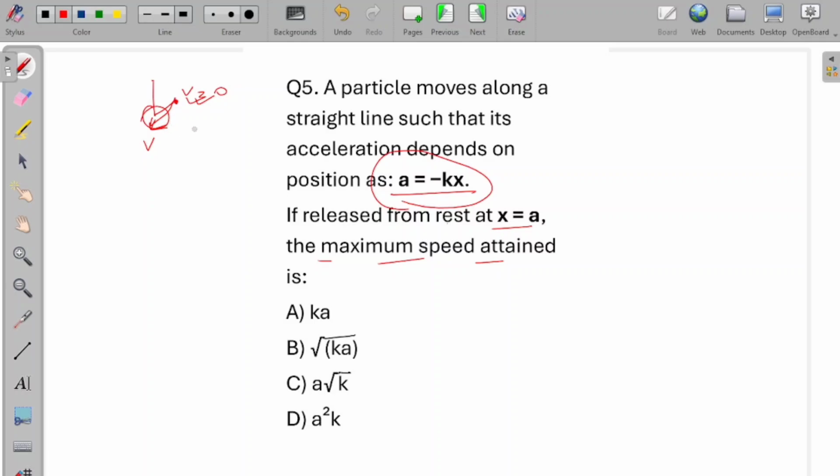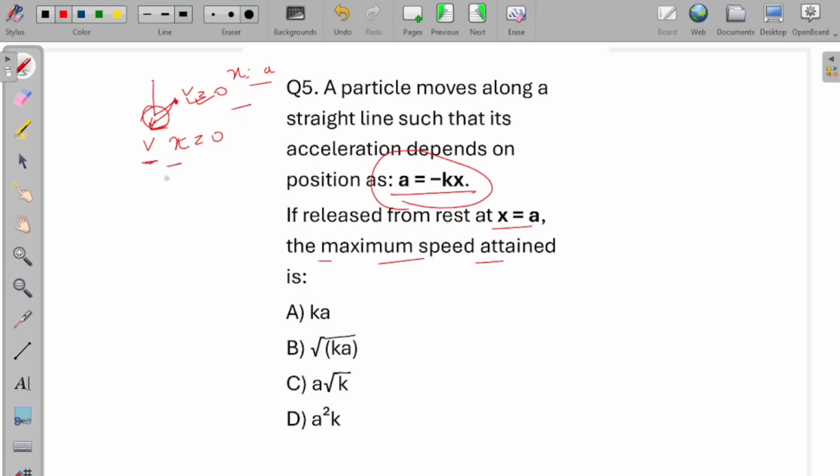That is why I'm explaining all of this to you. So at equilibrium position, the maximum velocity is attained, and at equilibrium position, we know that x is equal to 0, right? Here at this position, x is equal to a, and at this position, x is equal to 0.